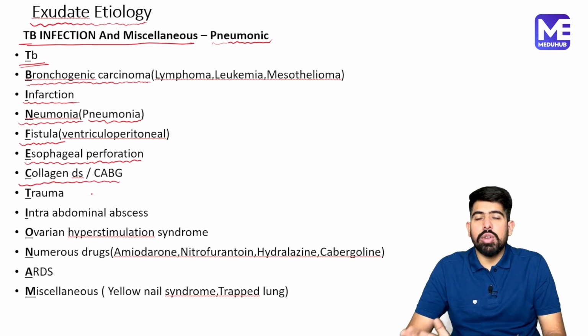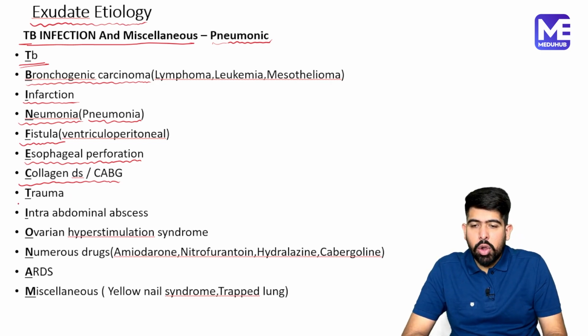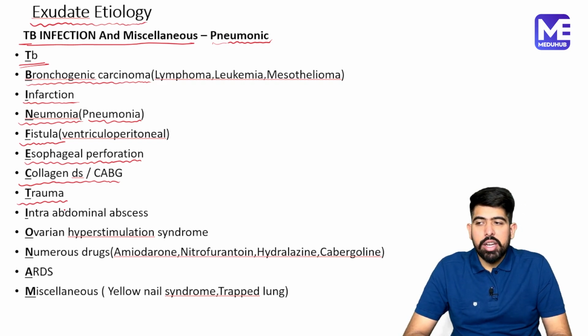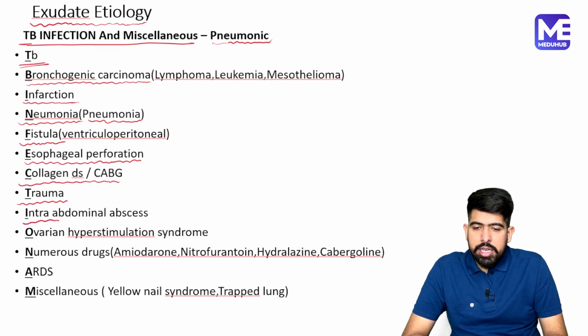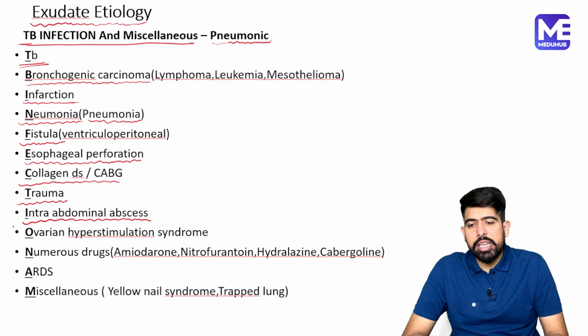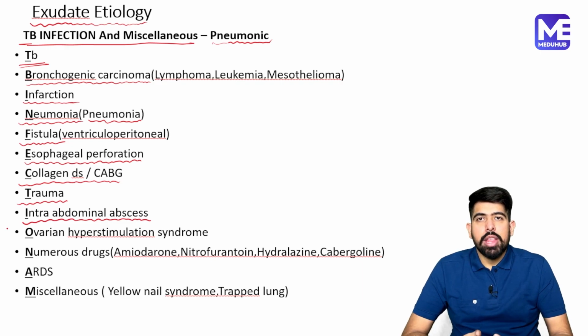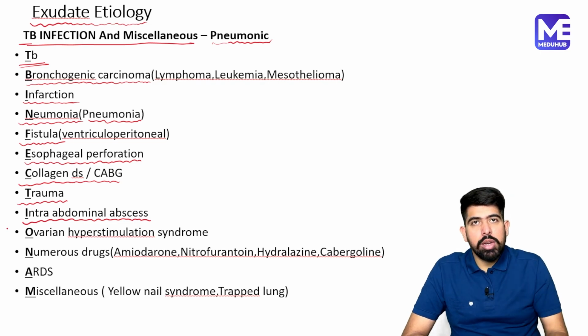As we already talked about collagen disease, SLE and rheumatoid pleuritis can be seen. Trauma can also cause it, if there is an external trauma or maybe iatrogenic trauma, that also causes exudative pleural effusion. And intra-abdominal abscess, as you already know, can also come into the pleural cavity through herniation of the diaphragm or some small openings or small holes in the diaphragm, and it can reach the pleural cavity.